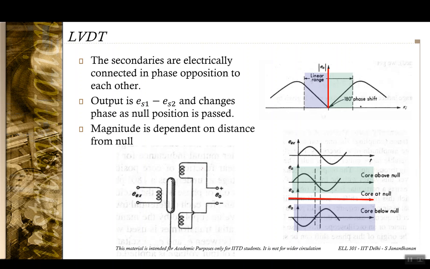if you say that ES1 is in phase, or almost in phase, with the input. So if the input has this, ES1 is going to lag a little bit, and so if you take this as the positive axis and this as the negative axis, when the core is above the null position, the magnitude of ES1 would be greater than the magnitude of ES2.